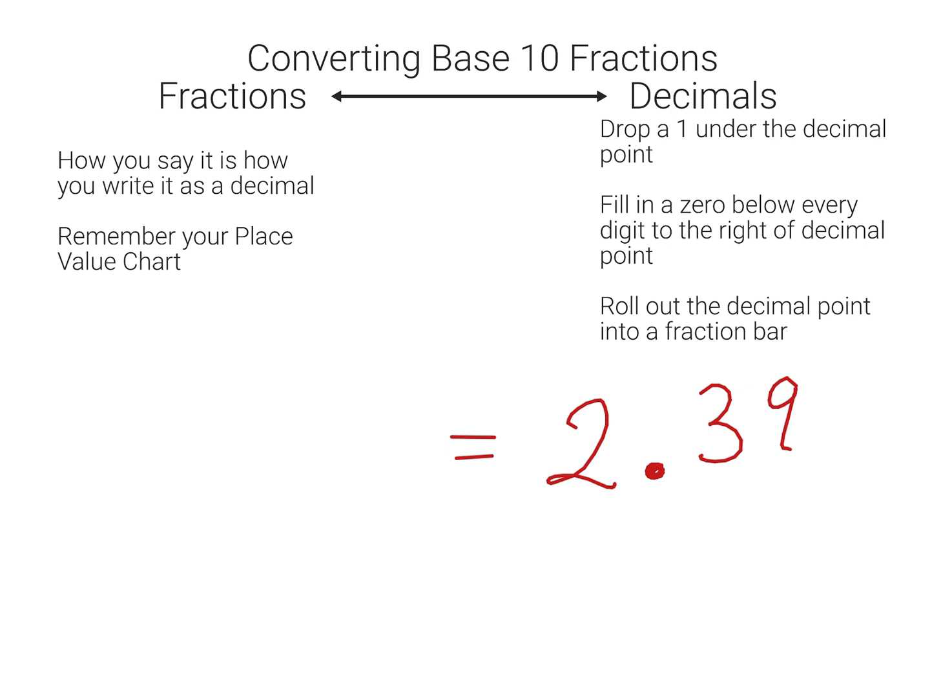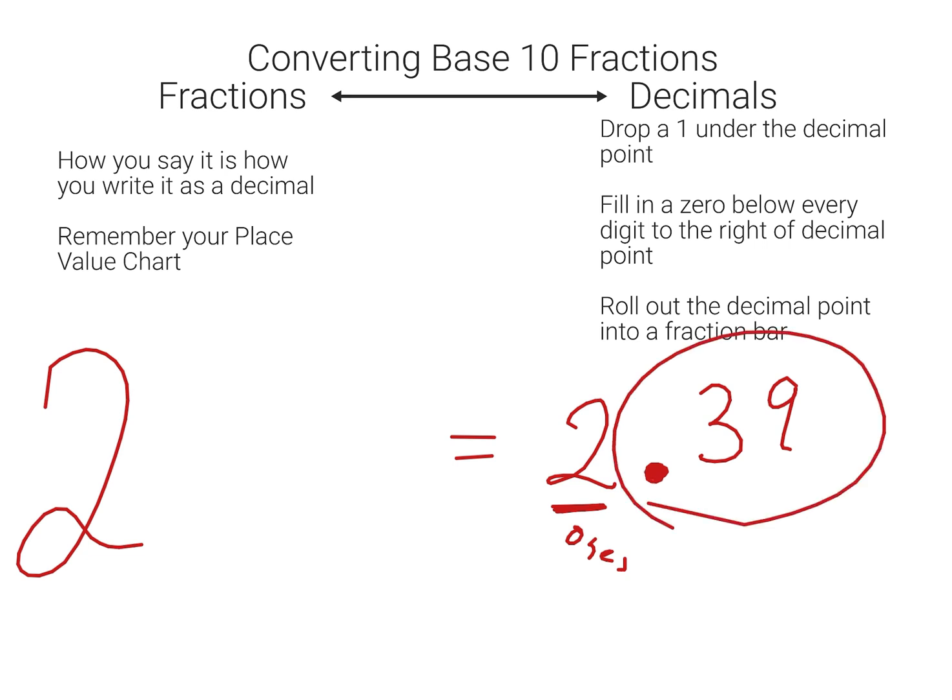So remember, you're rewriting the decimal portion of it. The two wholes stay the same. That is not going to be changed. What we're converting is the decimal portion of this, the 0.39. So I'm going to rewrite my 0.39.